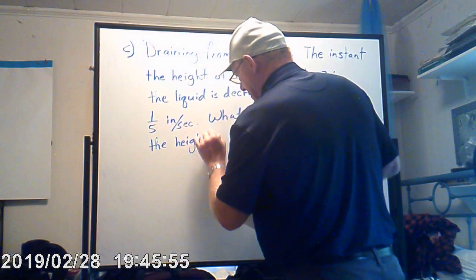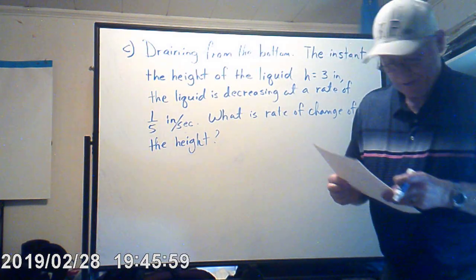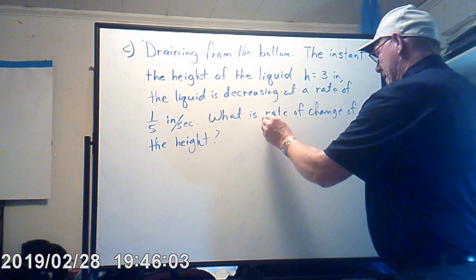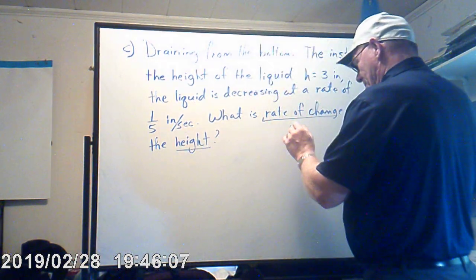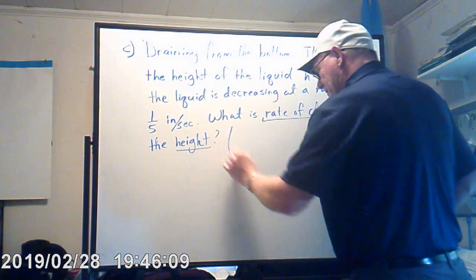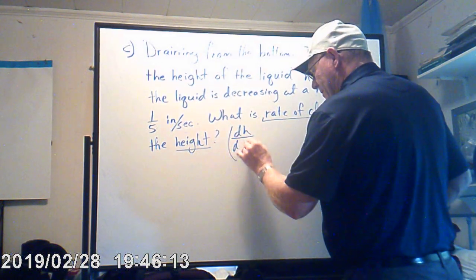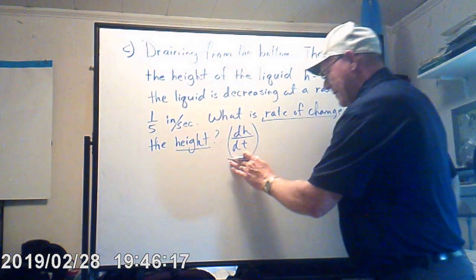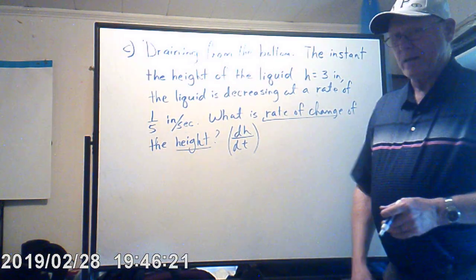At this instant, what is the rate of change of height? Now, rate of change of height is going to be dH. We're looking for dH over dt relative to time. Inches per second is what we're looking for.